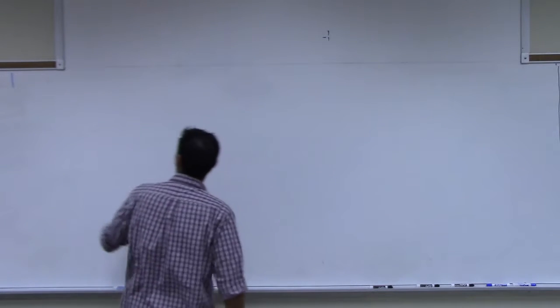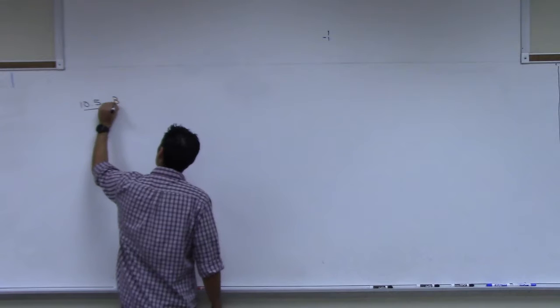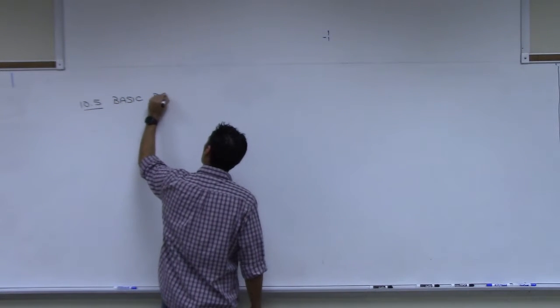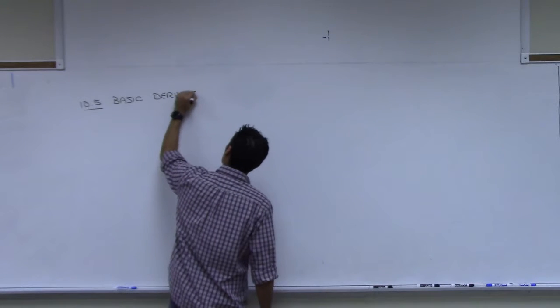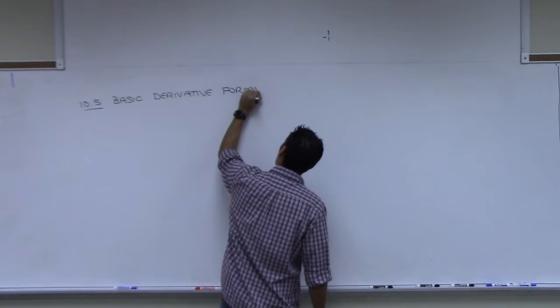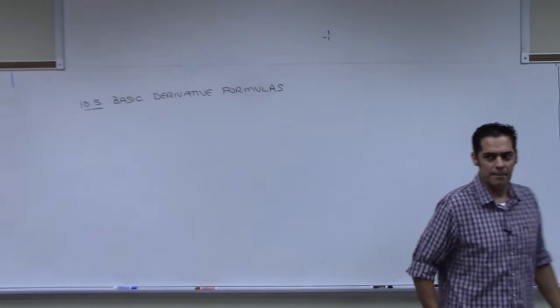So this is 10.5 in the book. Basic derivative formulas. All right.